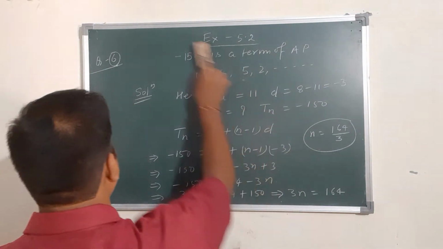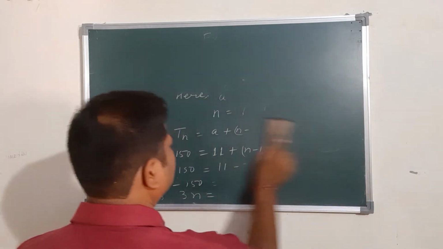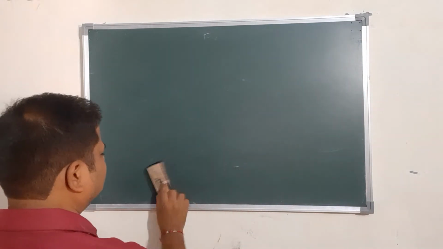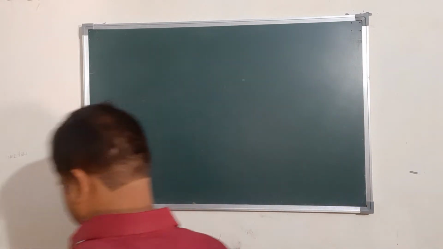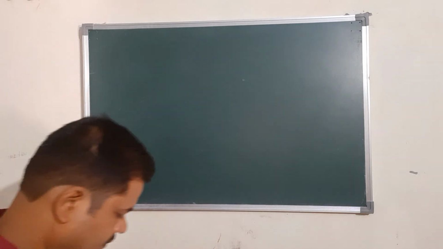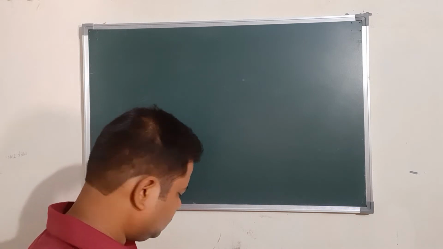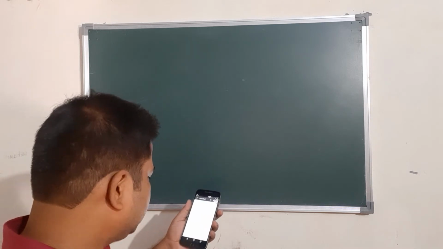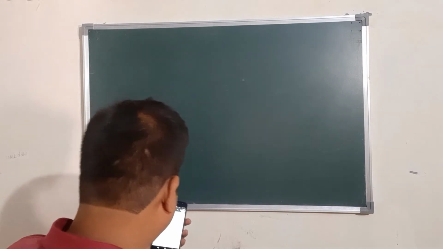Next one, question number 7. Find the 31st term of the AP whose 11th term is 38 and 16th term is 73.